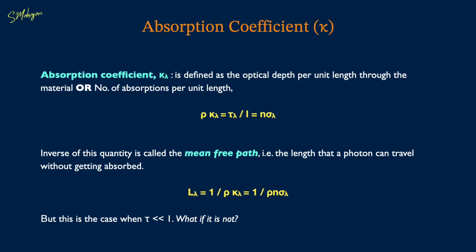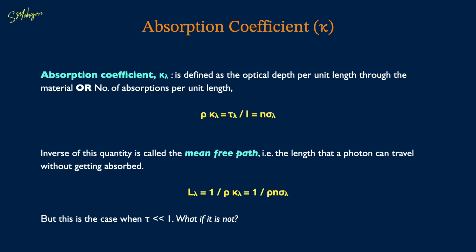The dependency on these quantities can be separated by taking into account the absorption coefficient, represented by the Greek letter kappa. It is also often represented with the subscript lambda to stress the fact that, just like the optical depth, the absorption coefficient is also a function of wavelength.